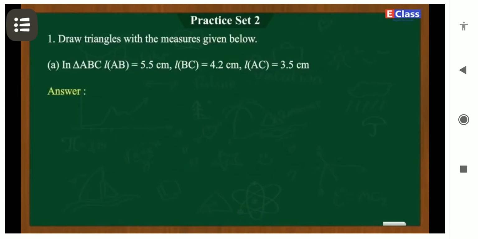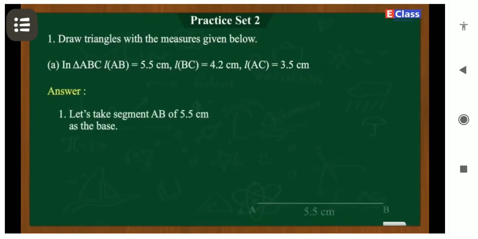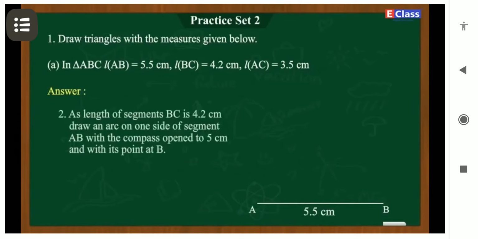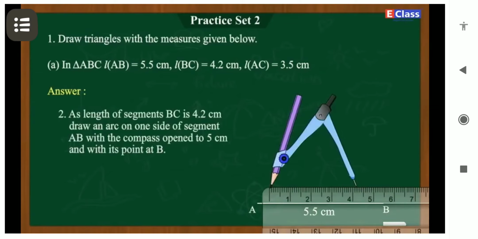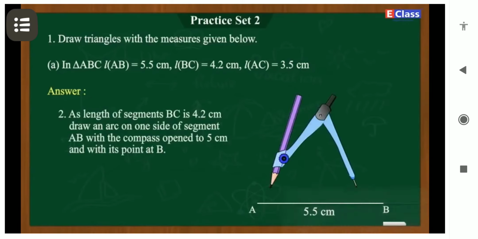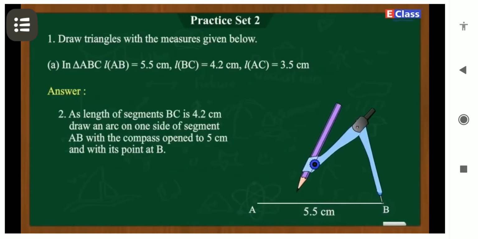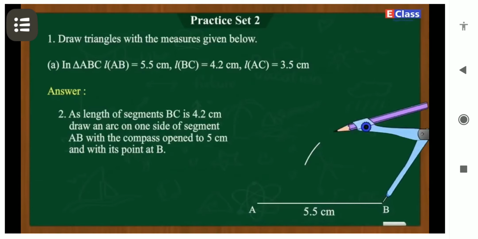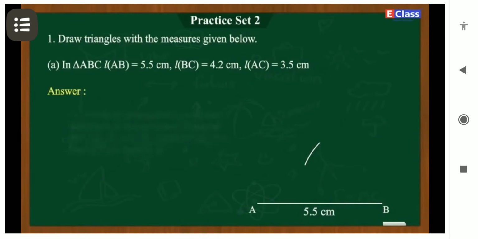Answer. 1. Let's take segment AB of 5.5 centimeters as the base. 2. As length of segment BC is 4.2 centimeters, draw an arc on one side of the segment AB with the compass opened to 4.2 centimeters and with its point at B. 3.